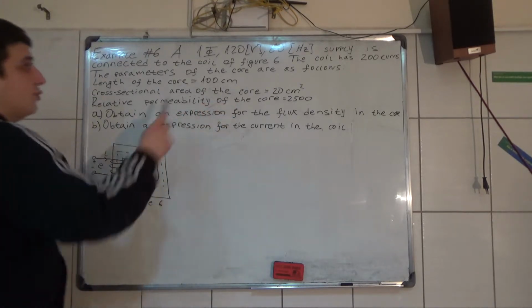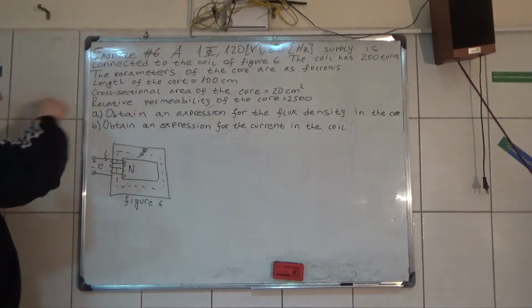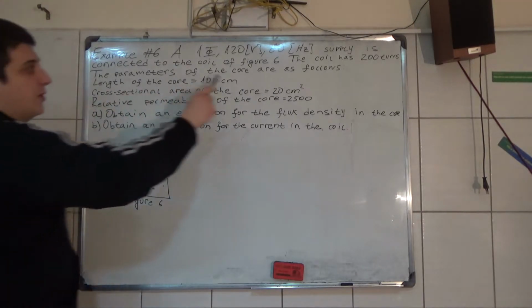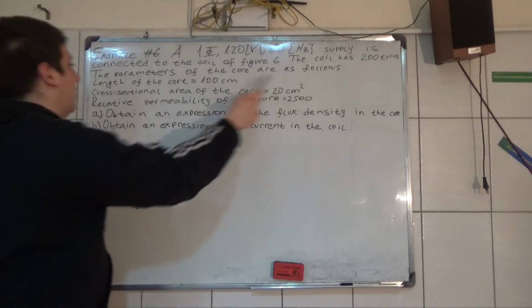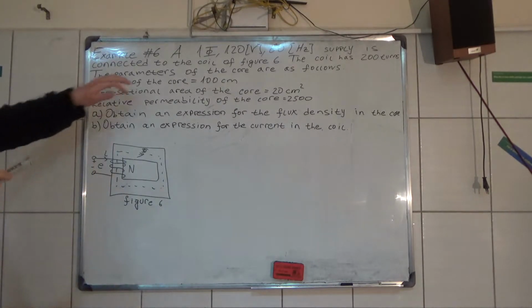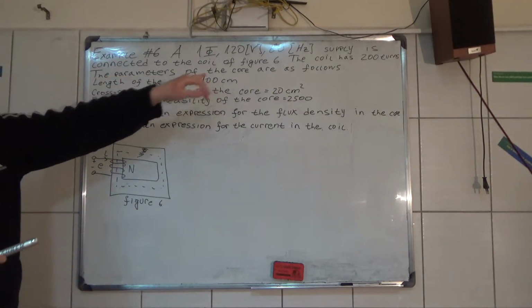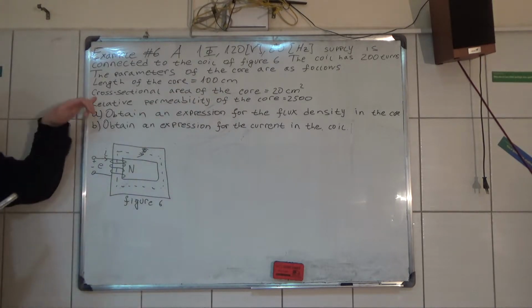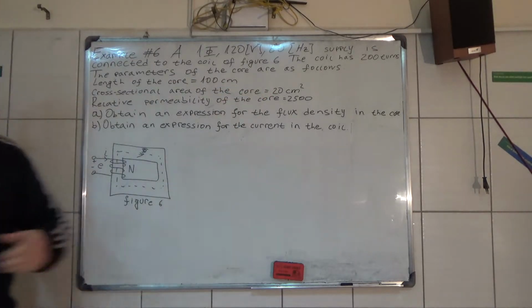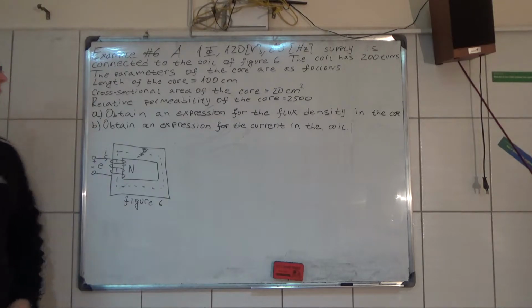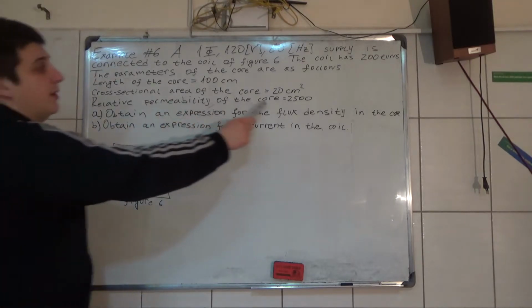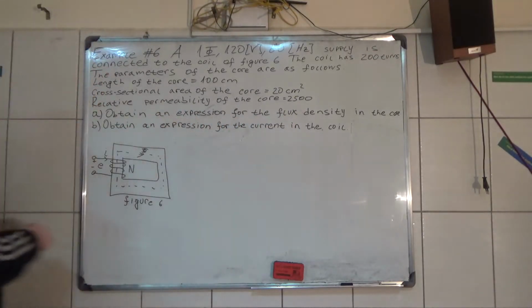This coil has 200 turns. The parameters of the core are as follows. Length of the core, so this mean length, is equal to 100 centimeters. Cross-sectional area of the core is 20 centimeters squared. Relative permeability of the core is 2500.